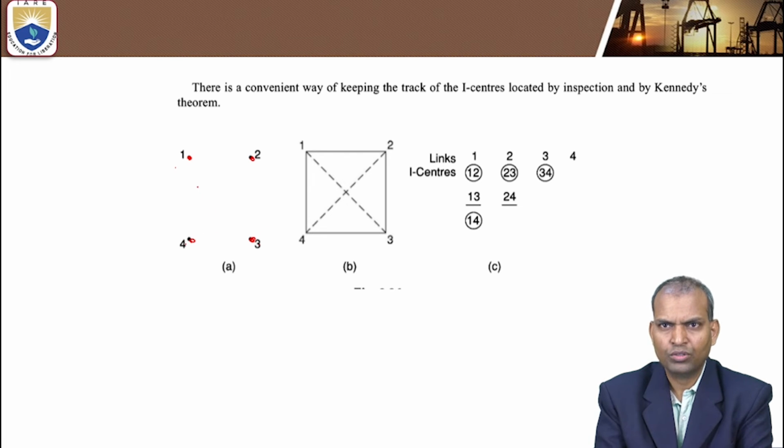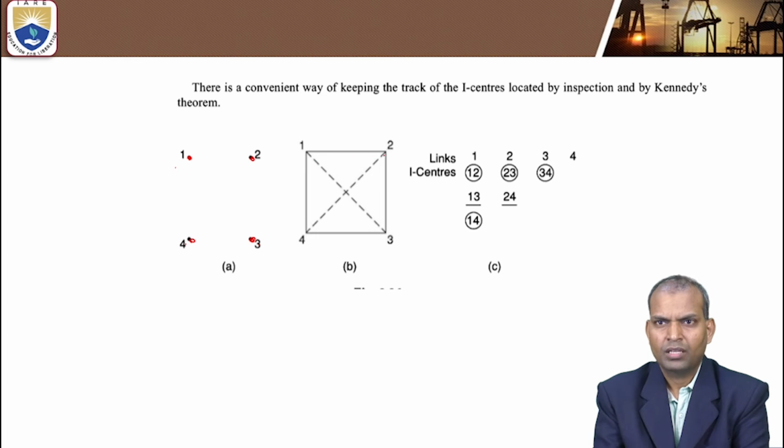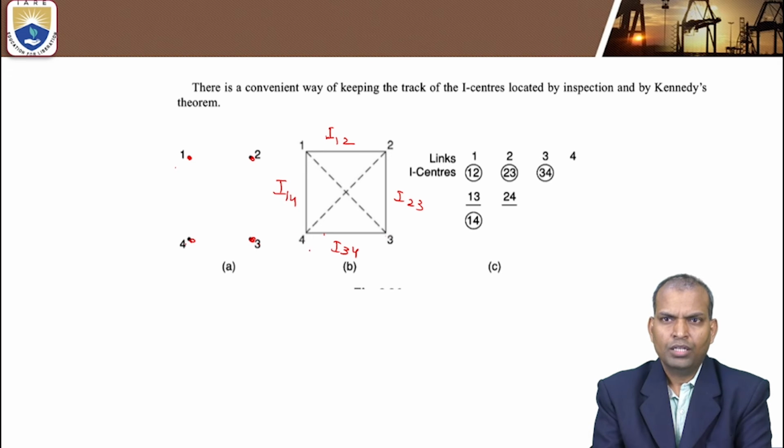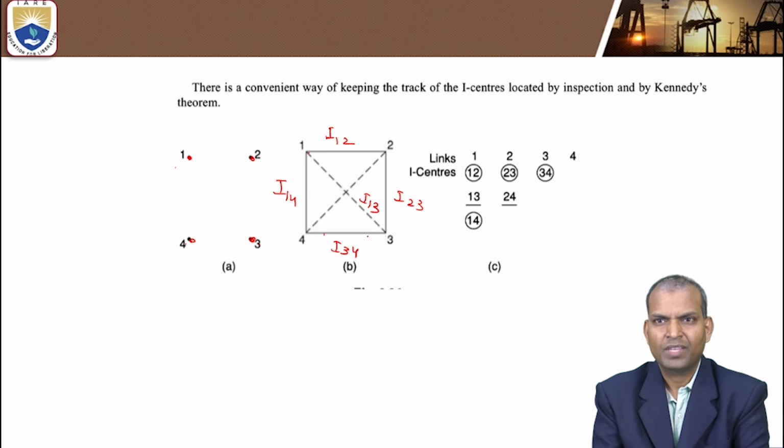Join these links. I12 is one of the I centers, 2,3 another I center, 3,4 another I center, I14 is another I center. Now you join the diagonal 1,3; I13 is another I center.